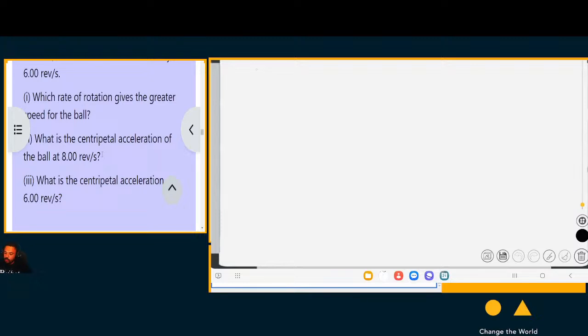We can see that for the radius of 0.6 meters, the time is equal to 0.125 seconds, and we've just worked that out.